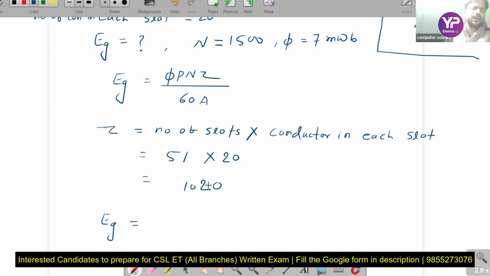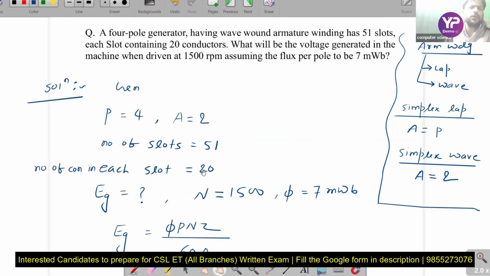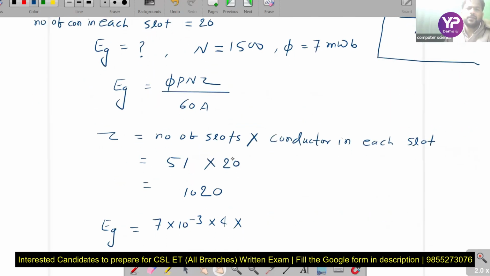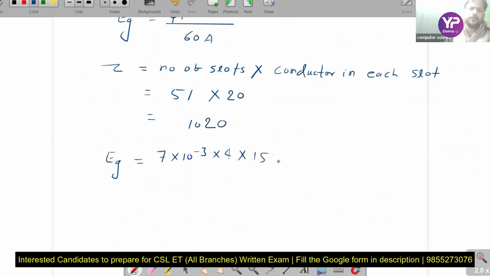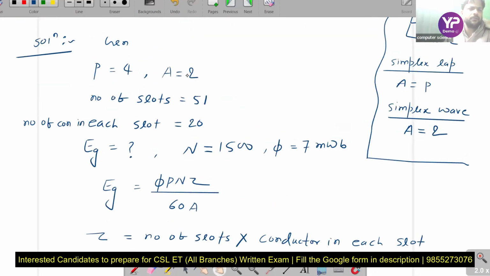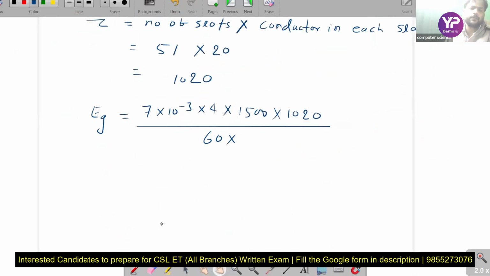Now put all these values in the equation. Phi is 7 milliweber, 7 into 10 to power minus 3. P is the number of poles, here 4. N is 1500. Z is the number of conductors, 1020, upon 60 into A. A is the number of parallel paths, here 2.